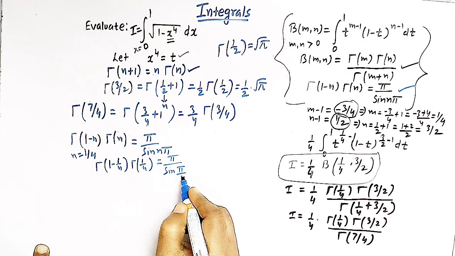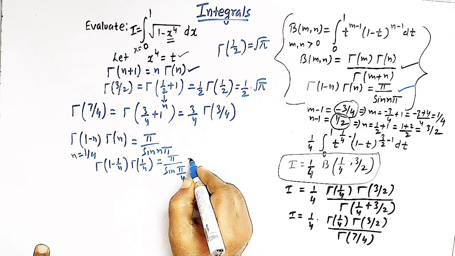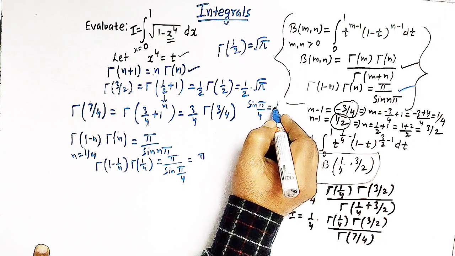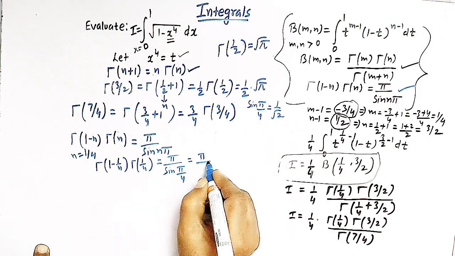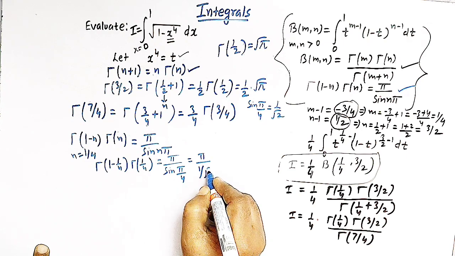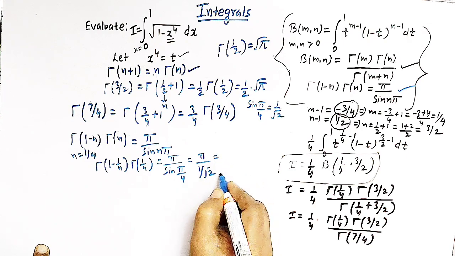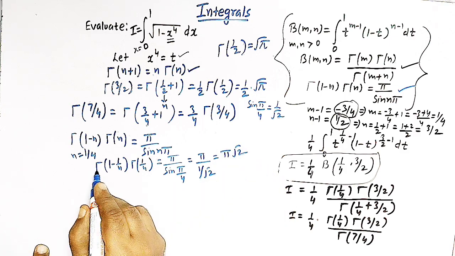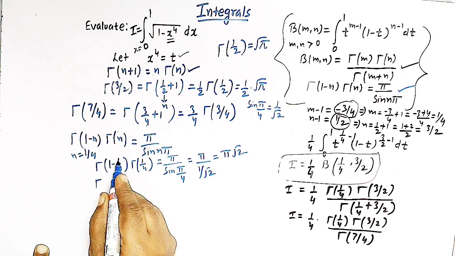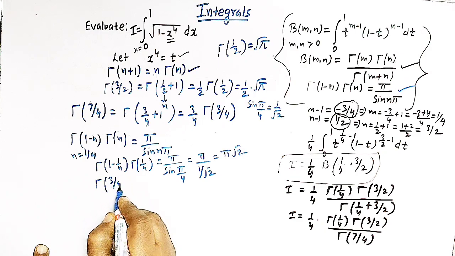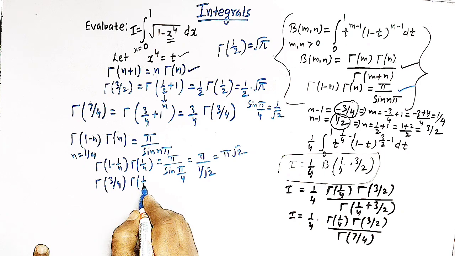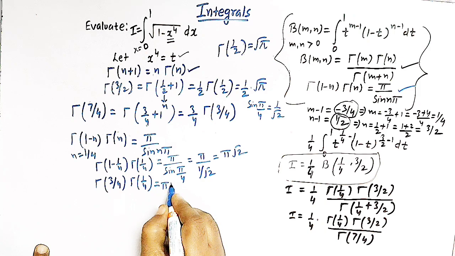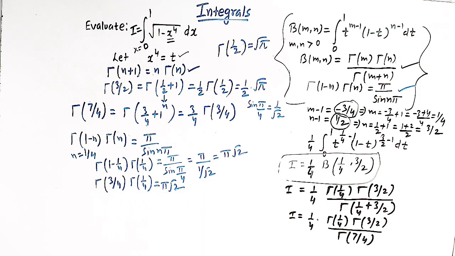Now sine pi by 4 is sine 45 degrees, and sine 45 degrees is equal to 1 over square root of 2. So we can now write here 1 over root 2. So taking square root of 2 to the numerator, we can now write pi times square root of 2. So now here we have gamma 1 minus 1 by 4. So this is gamma 3 by 4. And here we have gamma 1 over 4. And in the right hand side, we have pi times square root of 2.